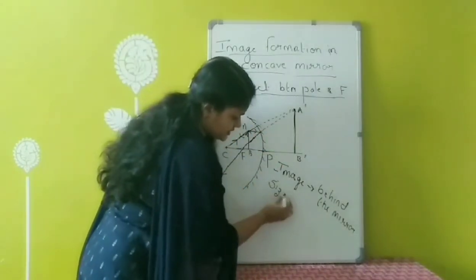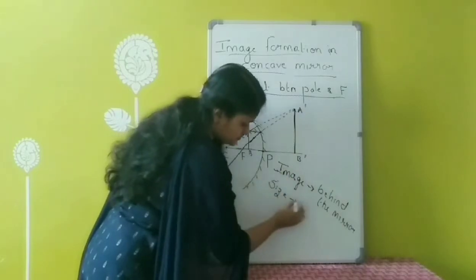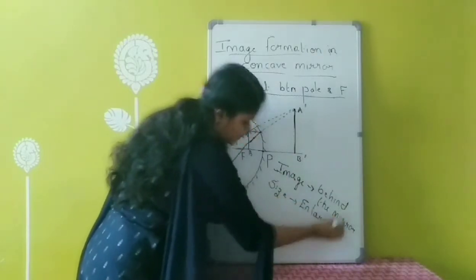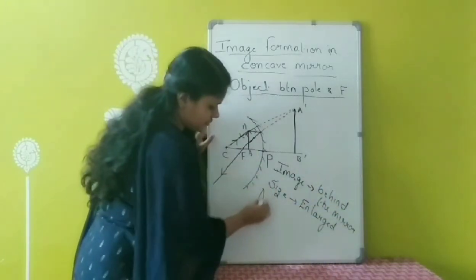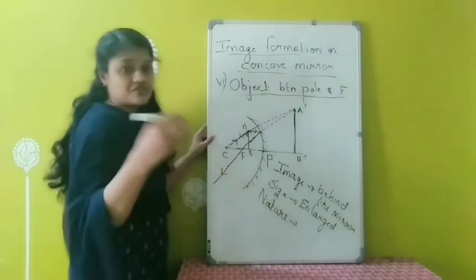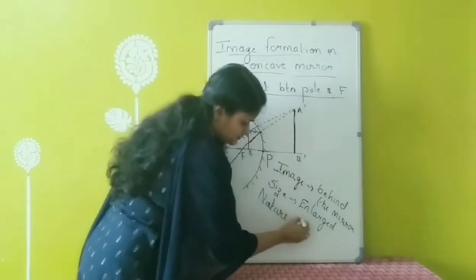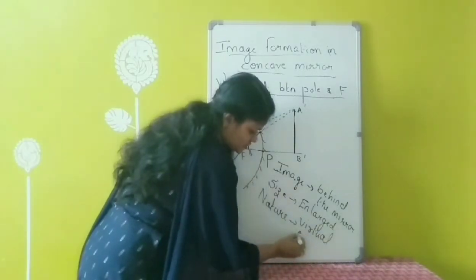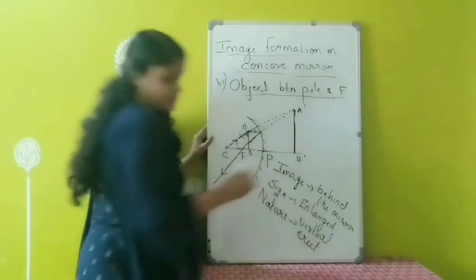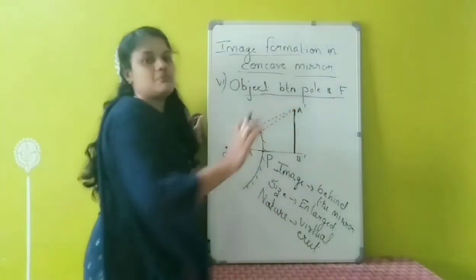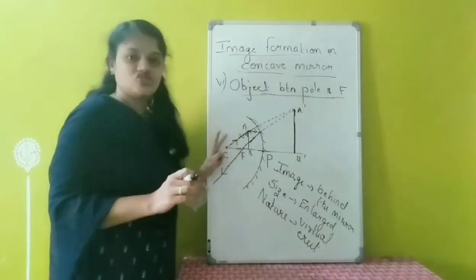Size of the image is enlarged, and nature of the image is virtual and erect. Because all the virtual images are erect. So whichever image is erect means it may be virtual also, because the light rays are not actually meeting here.